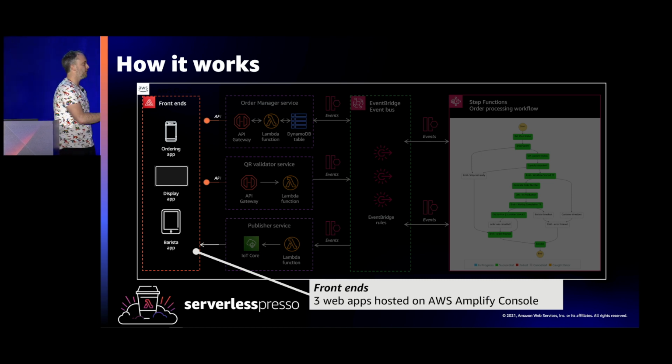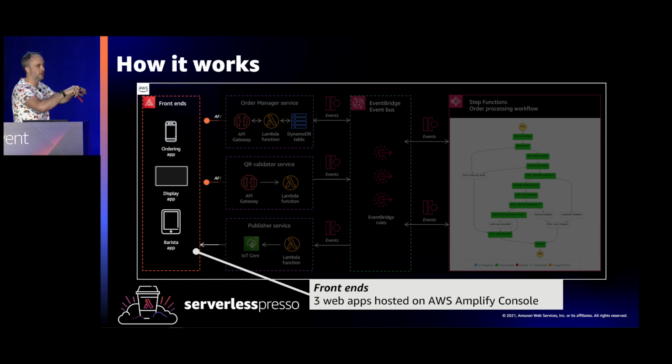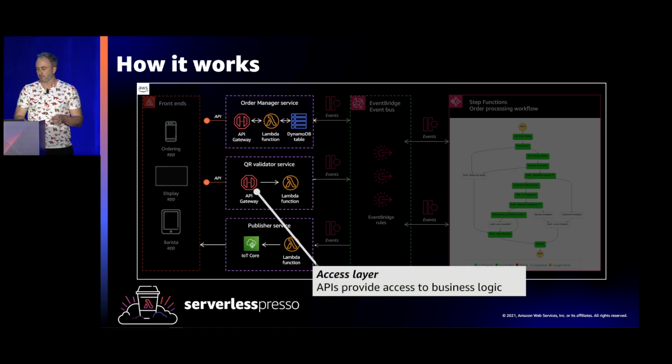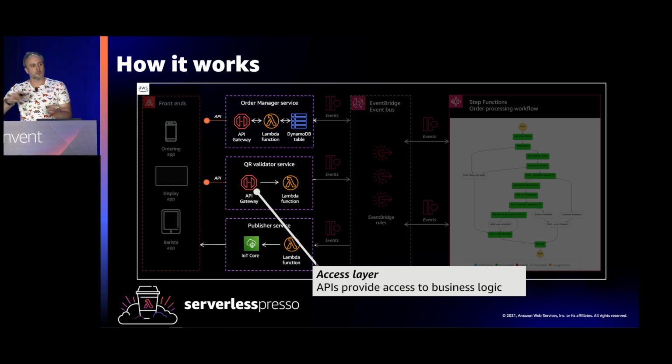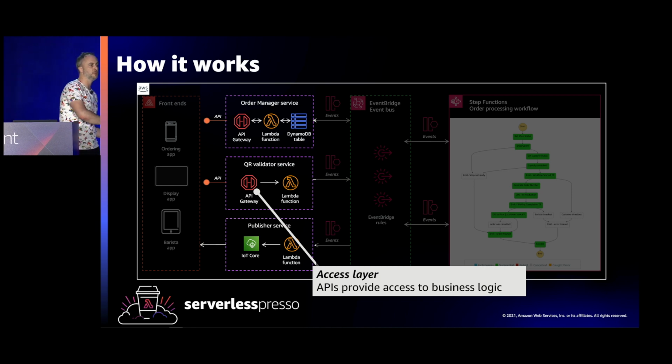Another is an application for the barista, the people making the coffee, where they can see orders coming in. And the third is a kind of display app above the booth to see where your order is progressing in the queue. We use API Gateway to allow all those front-end applications to communicate with the back-end resources and invoke Lambda functions and other services.